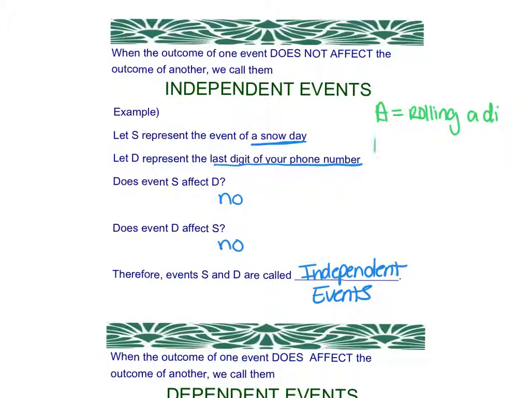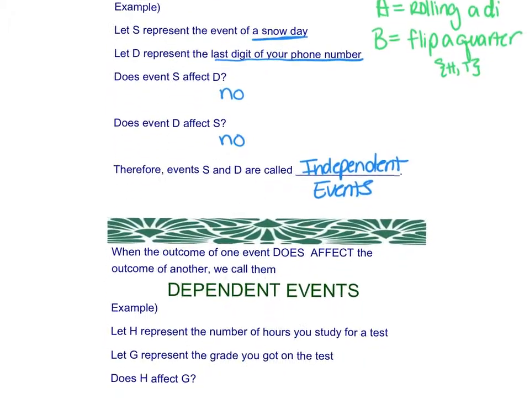And event B, you take a quarter and flip it. You told me these were independent events because your dice roll does not affect the outcome of what you get when you flip that quarter and get a head or a tail. Here your outcomes are 1 through 6, and here your outcomes are a head or a tail. They just don't affect one another at all. So those are independent events.